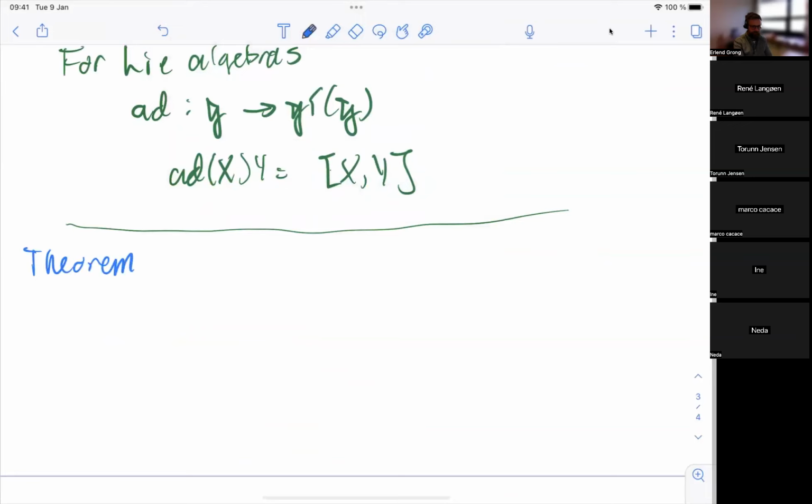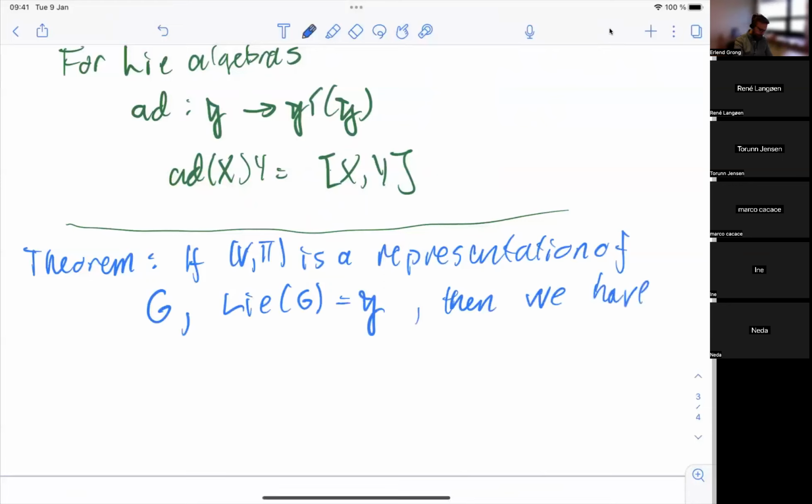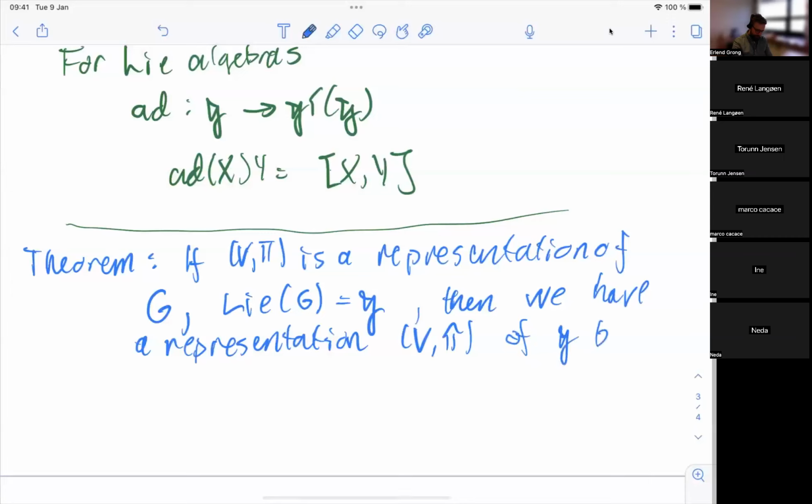So, theorem. If pi is a representation of G, and its Lie algebra is g, then we have a representation (V, small pi) of small g, given by small pi of X acting on an element v.